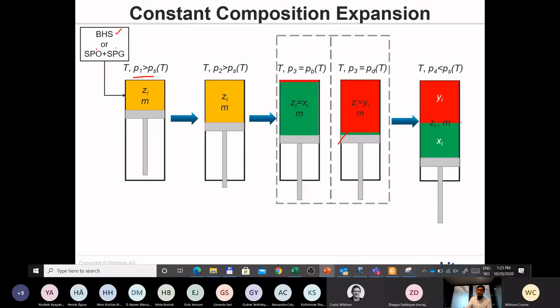And then we just measure the individual phase volumes, the oil volume and the gas volume. And we also measure the total volume of the PVT cell at any given pressure.